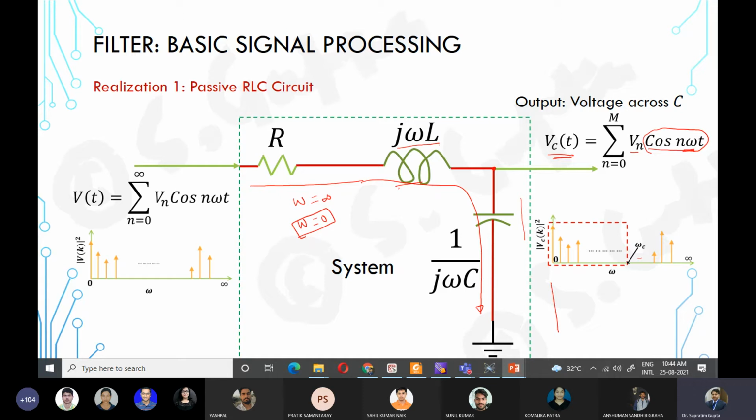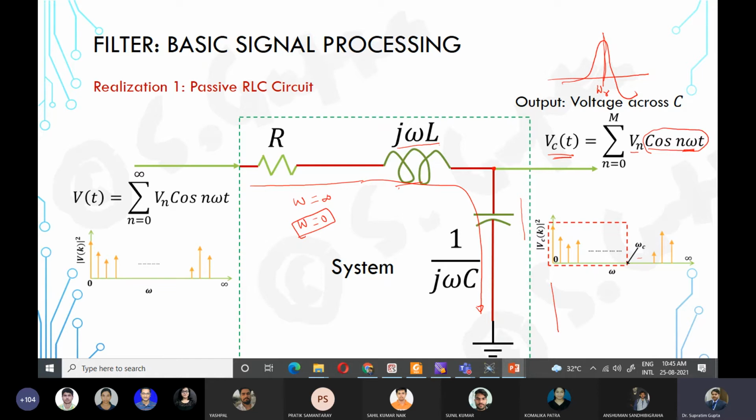The response of an RLC filter will have a peak at some frequency, which we generally call the resonant frequency, and that will be our radio channel. The same concept applies to TV channels also. Ultimately the objective is to tune to the particular frequency using which that channel is broadcasting.